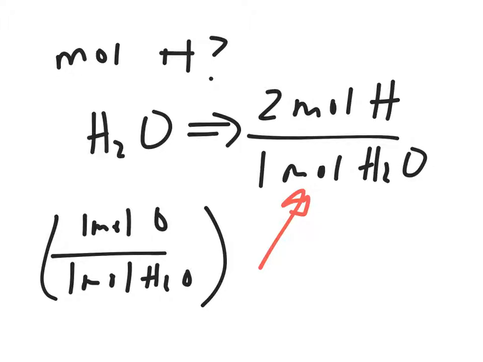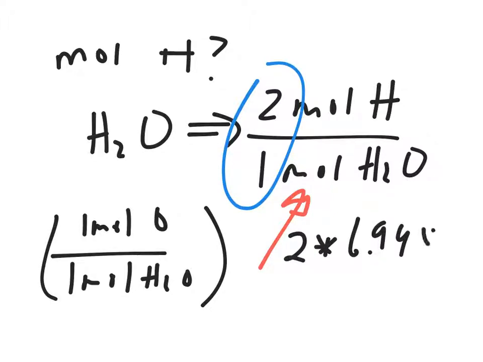Given that the ratio is 2-to-1, if you were to do that calculation, you should come up with twice as many moles of hydrogen as there were moles of water, or twice the value of 6.94 times 10 to the minus 3 moles of water, because there are twice as many hydrogen atoms for every 1 mole of water that you have.